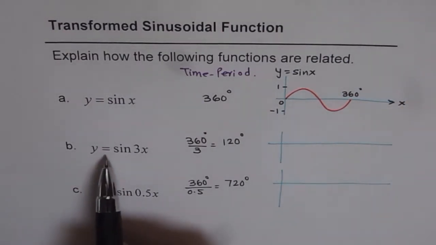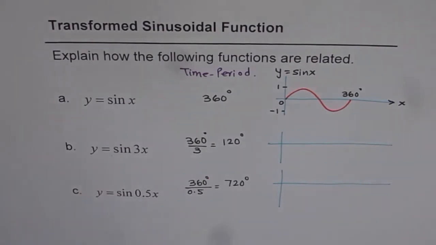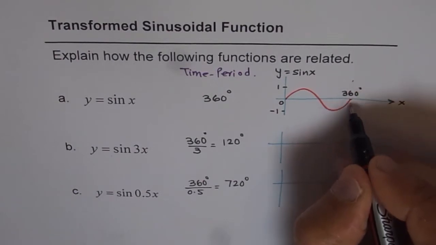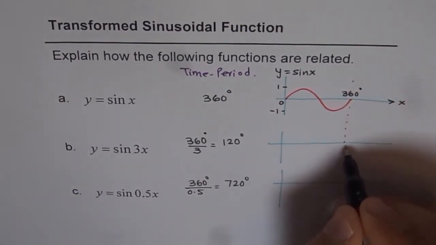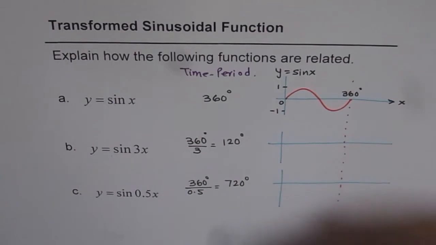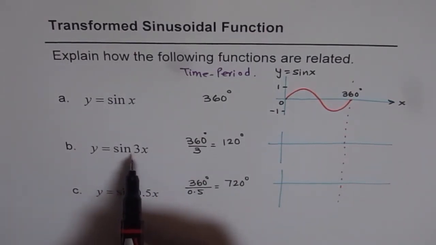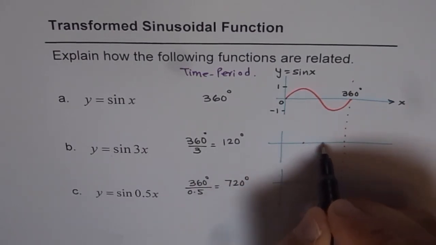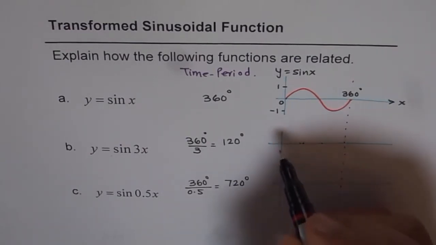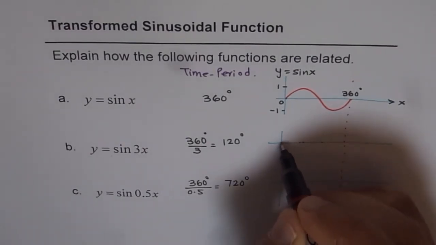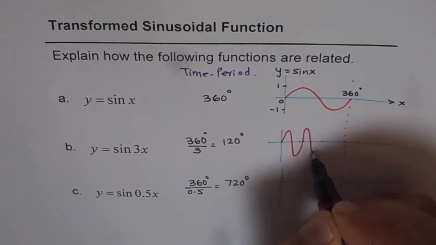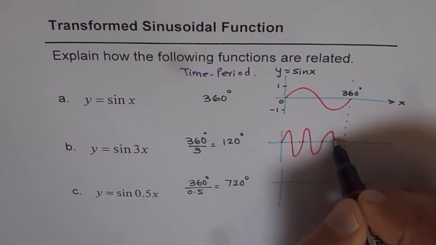Now when we have a function sine 3x, what it really means is that within this time period of 360, let me just draw a dotted line here, we'll compare all three of them, there will be three sine waves in this period. So we'll have three waves here. The sine function will be kind of like this: 1, 2, 3.